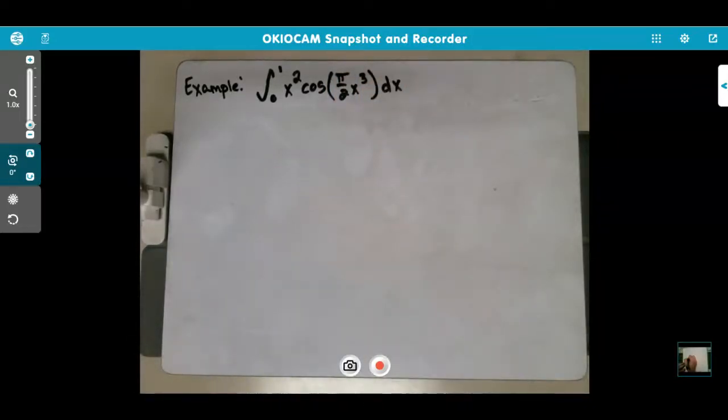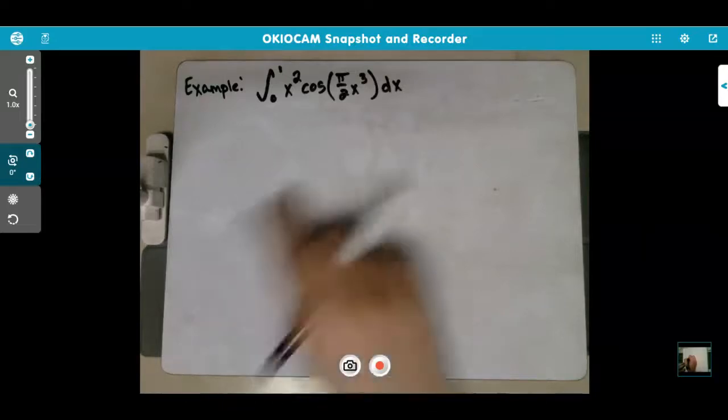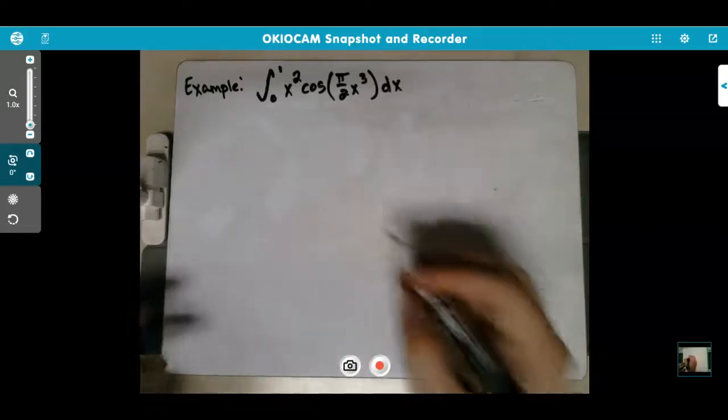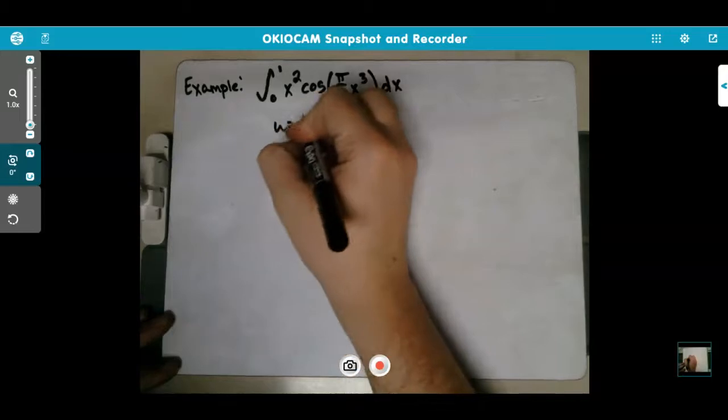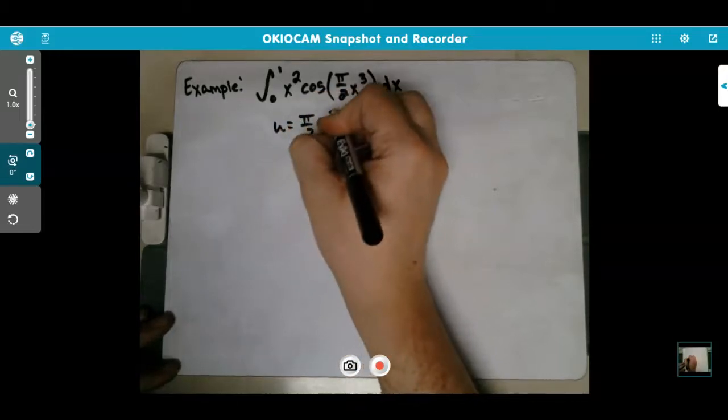Now this one definitely for sure looks really gross, right? And so like we said, we want to try to rewrite this into a form that's not that hard, okay? So I have cosine of some stuff, so let's let u be that stuff. Pi over 2 x to the 3rd.